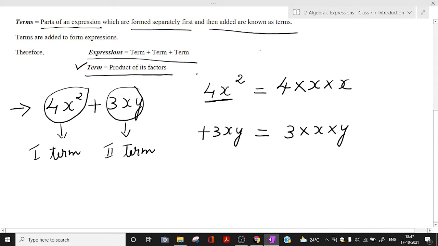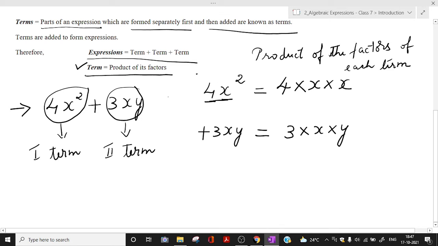So what I've written over here is nothing but the product of the factors of each of the terms. Once I find the factors, then I add.